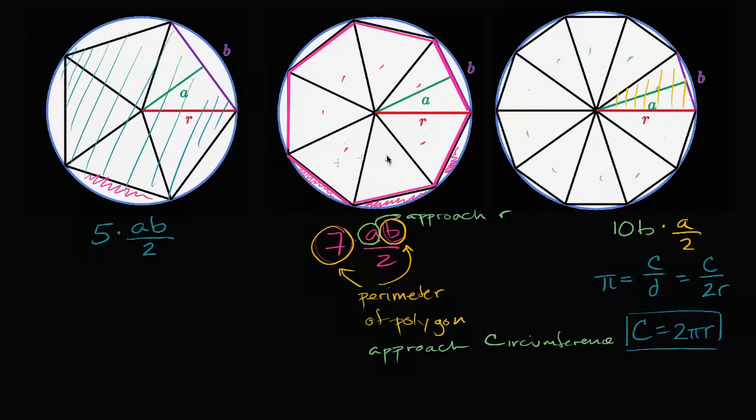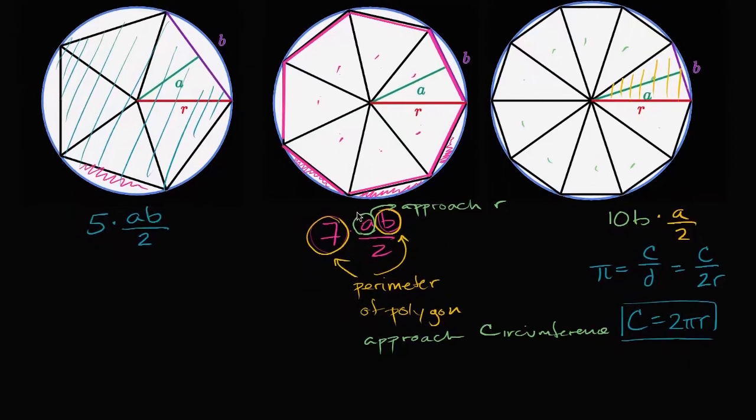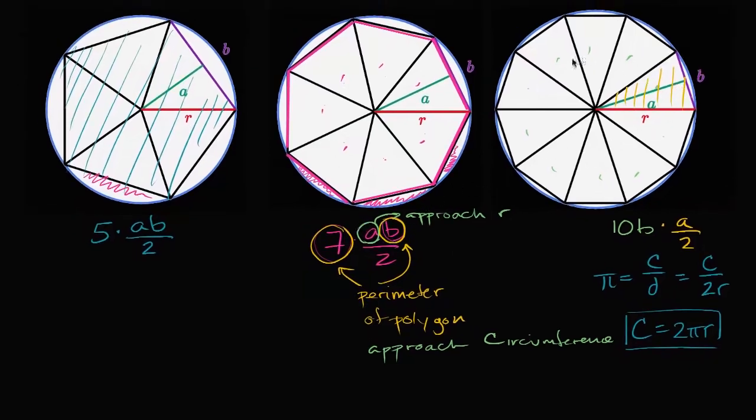But now let's think about this more generally. Let's think about it if I were to have an n-sided polygon. Then I'd be approximating the area as n times b. We see this right over here. When n is equal to 10, you have 10 times b.